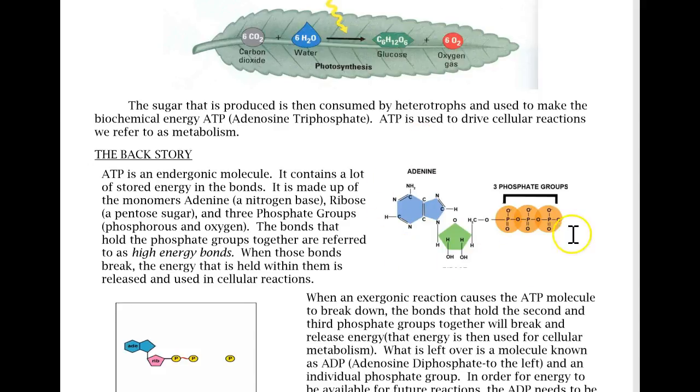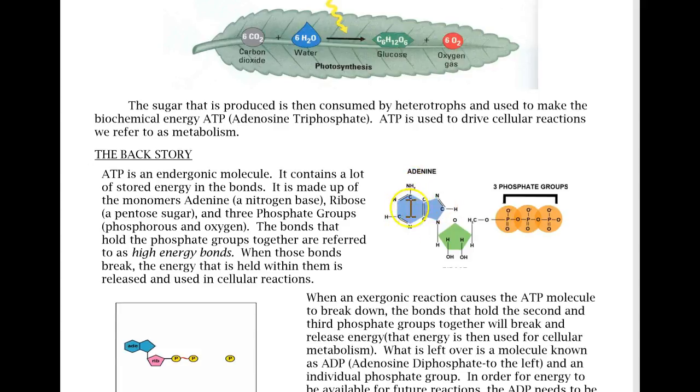This is what the ATP molecule looks like right here. It's made up of 3 parts. Adenine, which we learned in chapter 2, is a nitrogenous base. It's a nitrogen-containing base, and we can see there's nitrogen here, here, and here.